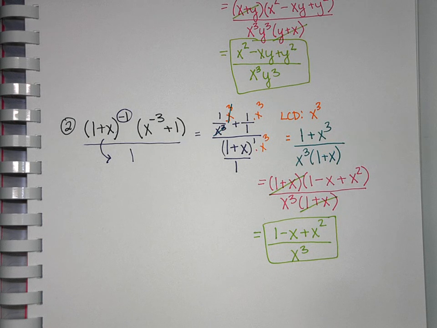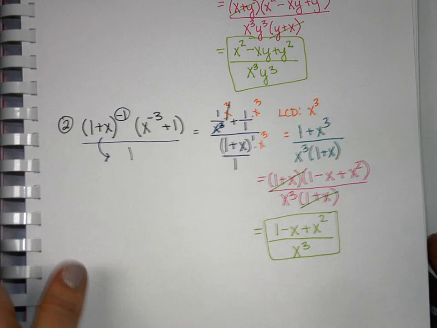Okay, the next one that I'm going to do again has negative exponents. So let's look at number 3. But this one actually is a little different with its negative exponents.